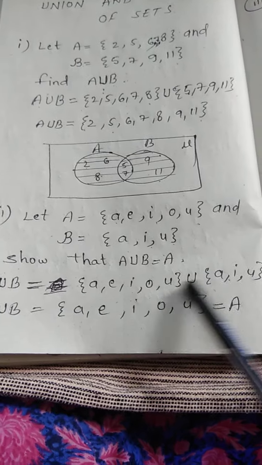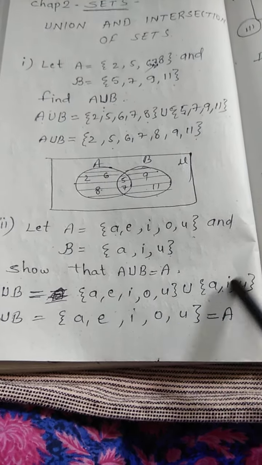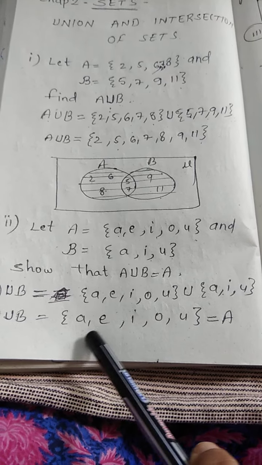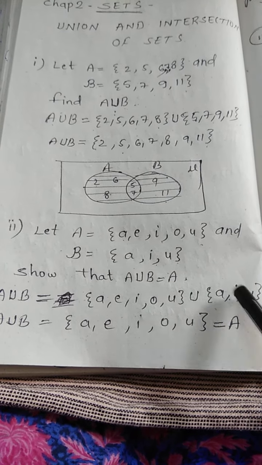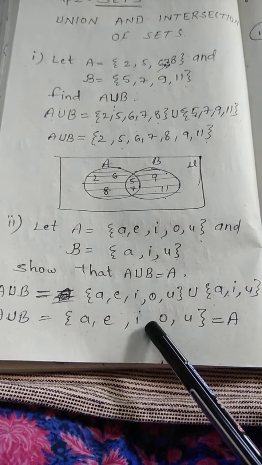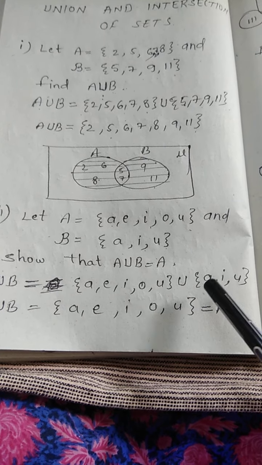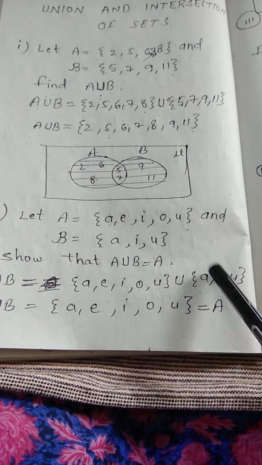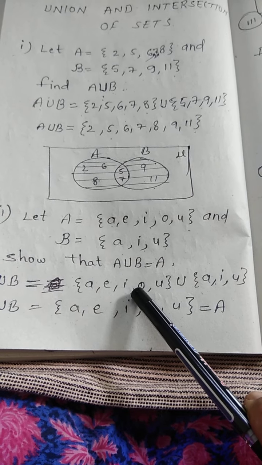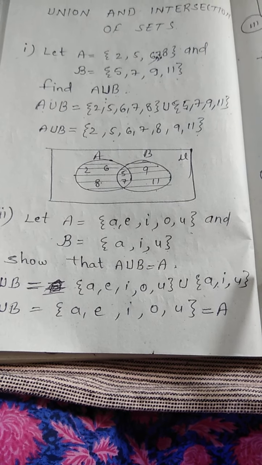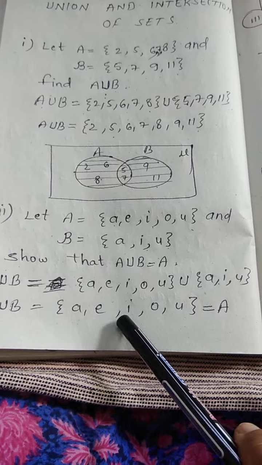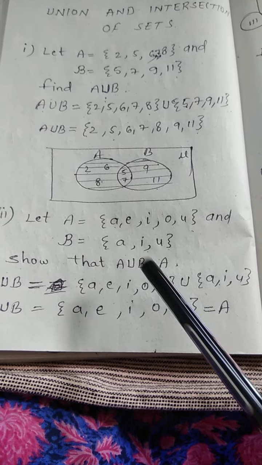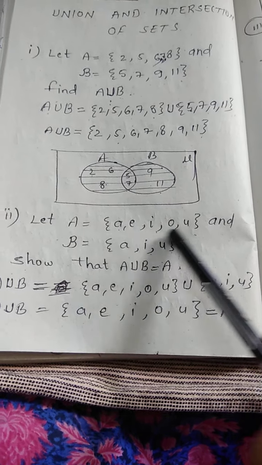Union means combining, writing the elements of both the sets as a single set. So here combine both, you will get A, E, I, O, U. A, I, U, these three elements are present in set A. No other elements are there. Okay, so A, E, I, O, U is nothing but, we observe, it is set A.